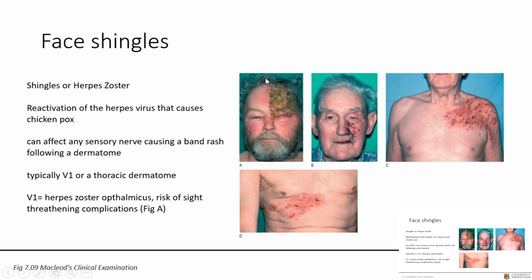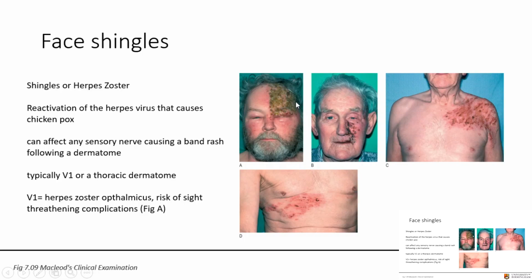It causes a severe rash, blistering, but also ulceration of the specific areas that will be innervated by, in this case, V1. So you can see that it's affecting the forehead, upper eyelid, the dorsum of the nose there. So yeah, the dermatome of V1 in this one.